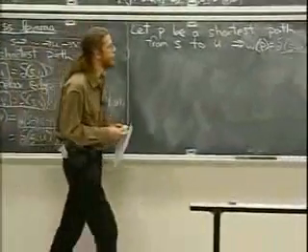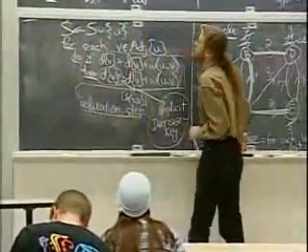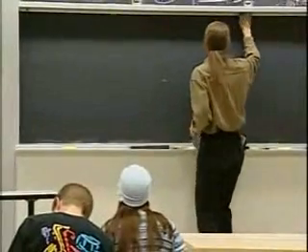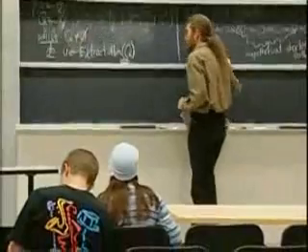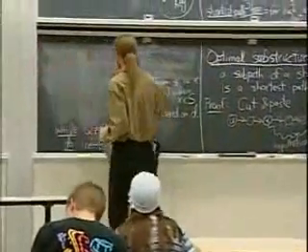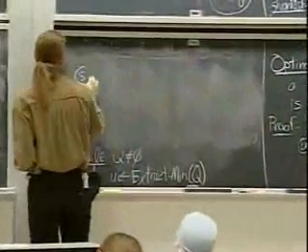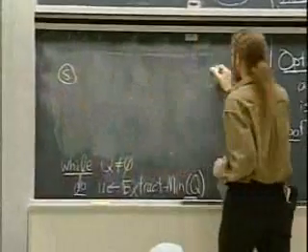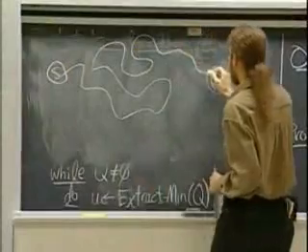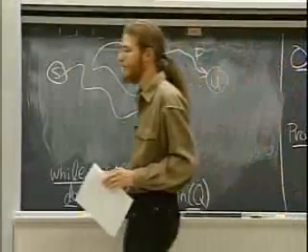So, let me draw a picture somewhere. So, we have s, we have u. Here is the shortest path from s to u. That's p. No idea what it looks like so far.